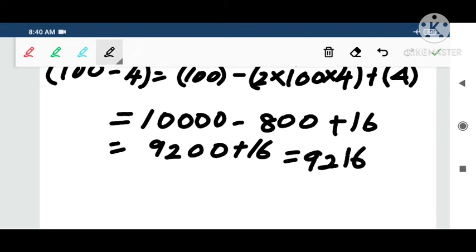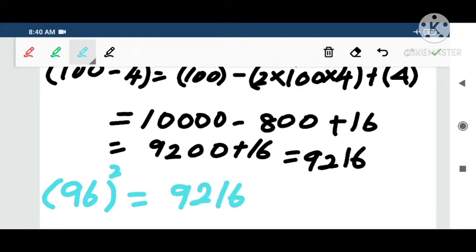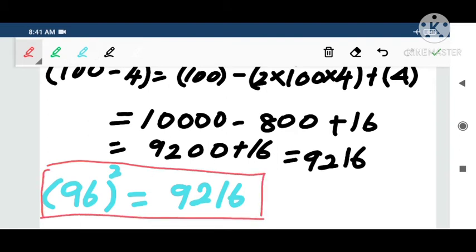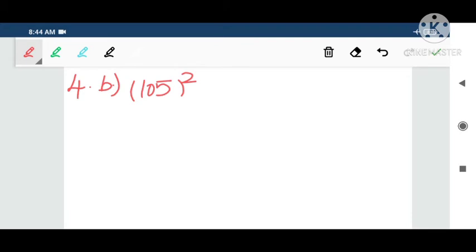So what is the final solution of this question, 96 whole square? If we square it, we get the value 9,216. So now you can understand how we find the value of 96 whole square without the actual multiplying method. By using identities, we get 9,216. Question number B, you do it as homework.